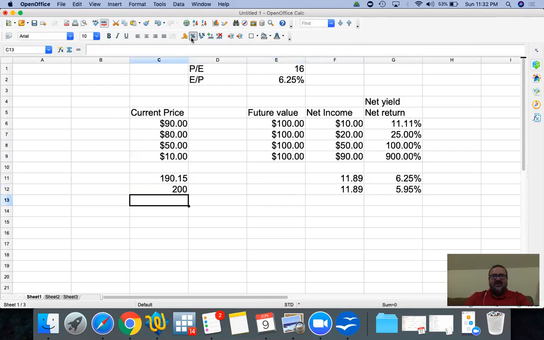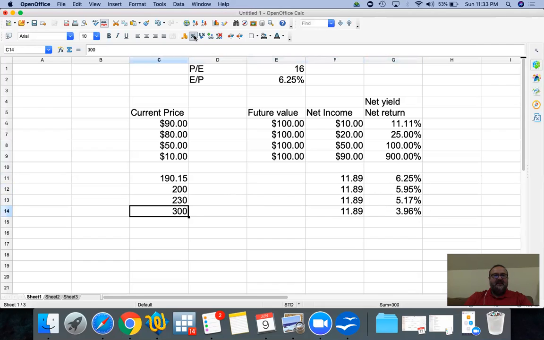Notice, very much like bonds, if we pay $230 and earnings per share does not change, then we end up earning 5.17%. Let's say we pay $300 for the same $11.89, then we're going to be earning almost 4%, significantly less than 6.25%. Now notice, as we pay more, our return, our net yield goes down.